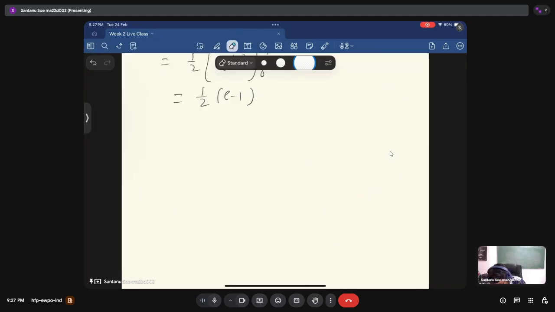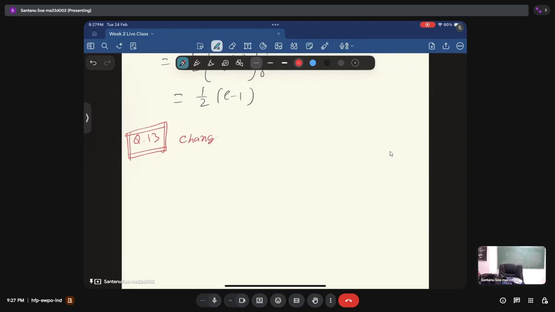So yeah, let us solve the next question. So this is gonna be question number 13. And so question is given like this: change the order of the integration and evaluate it.